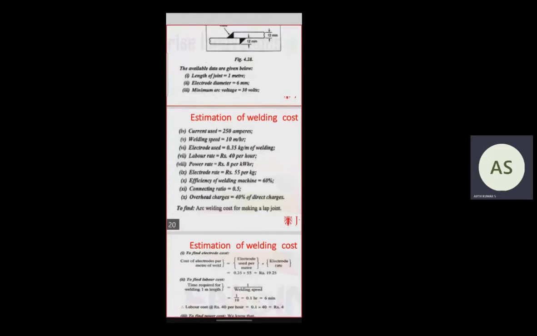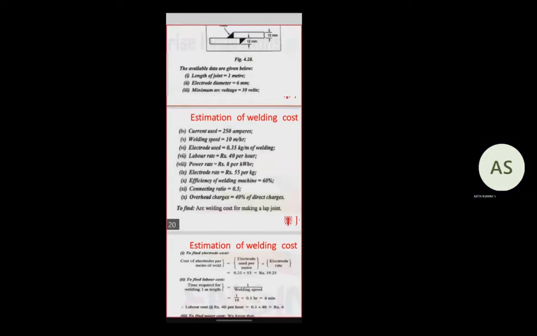To find the power cost, we know that power cost is equal to V into A by 1000 into T by 60, divided into 1 by efficiency into 1 by R into C. So this is the formula for calculating the power cost. V is voltage, A is ampere, that is current, and T is electrode diameter, and efficiency of the welding machine is given as 60%.